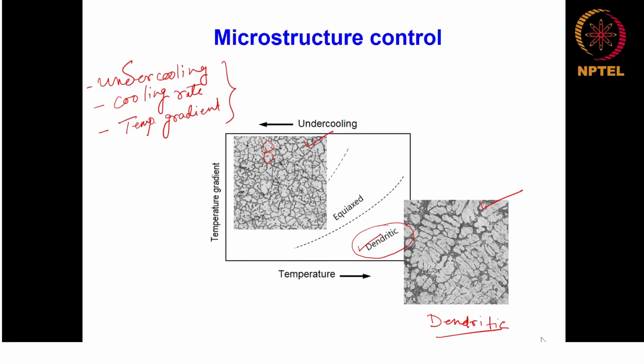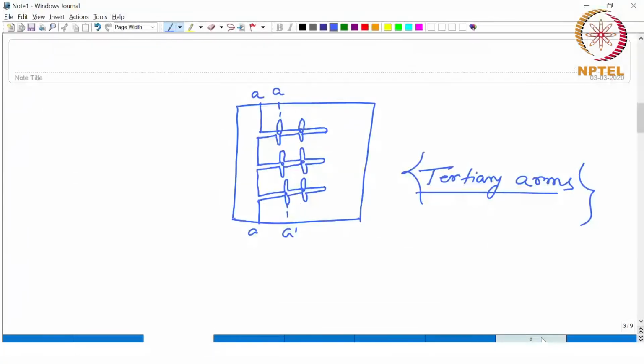So, here you can also have more than one branch apart from the secondary branch. Sometimes in some of these dendrites you can also see a tertiary arm which can branch off from the secondary arms.